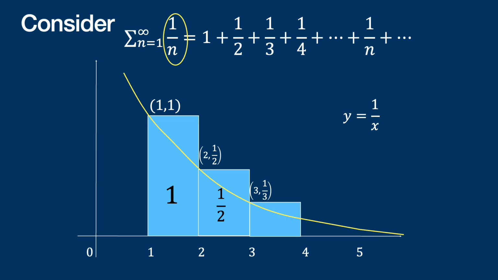That's 1/3, the third term. So on, 1/4, 1/5. Now we're going to compare the total area of the rectangles and the area under the curve.